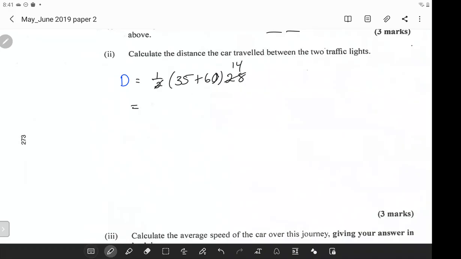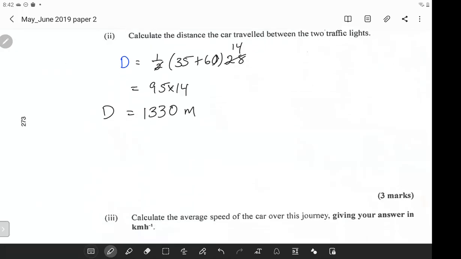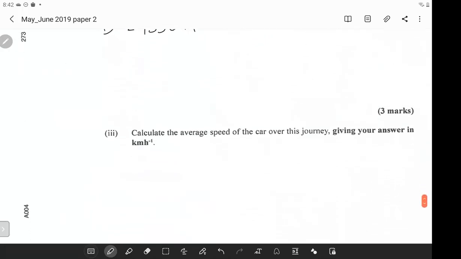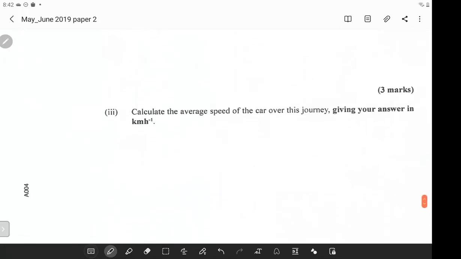So we have 35 plus 60 is 95 times 14. And what is 95 times 14? Right, let's look at that. 95 times 14 is 1,330 meters.